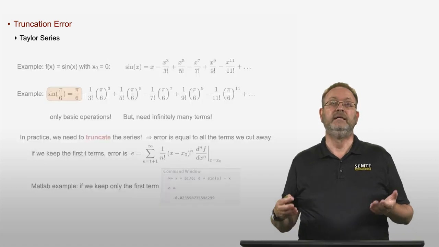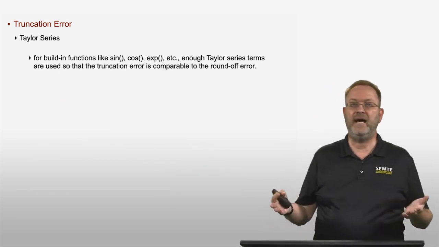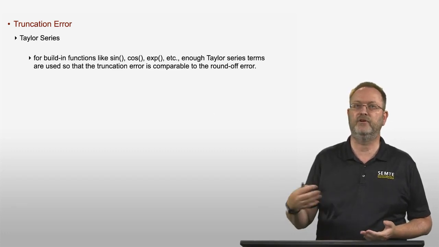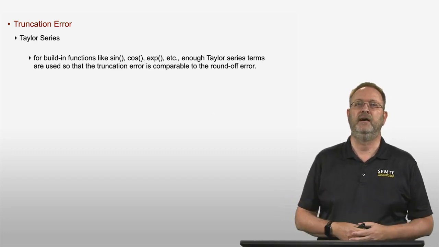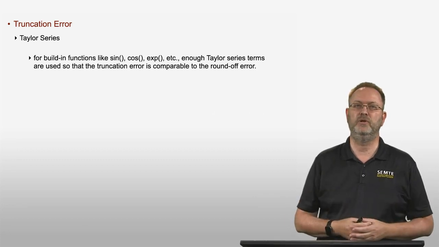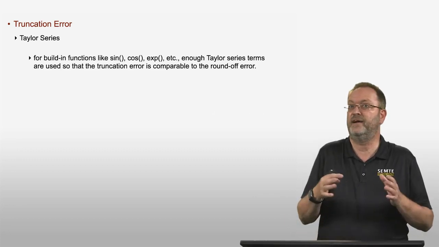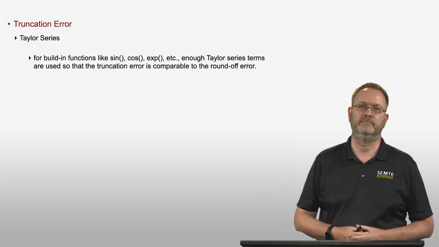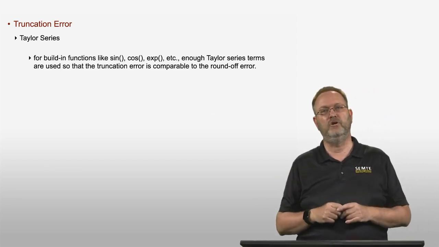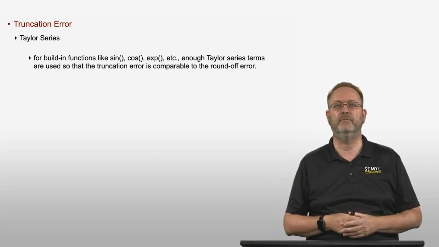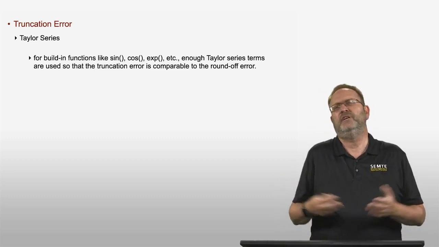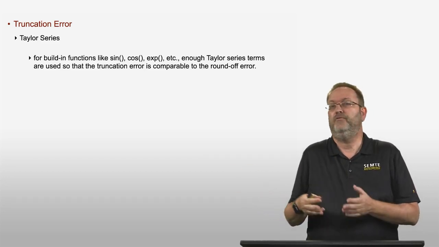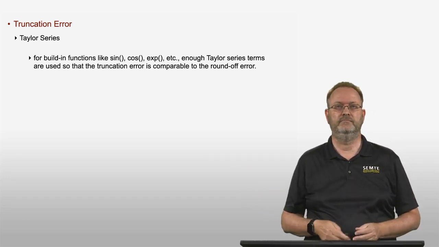Okay, so now for built-in functions in MATLAB and other computer programs, like the sine, the cosine, the exponential, enough Taylor series terms will be used such that the truncation error is comparable to the round-off error. Remember, we only have a finite number of digits available to store our numbers, so it doesn't really make sense to use more terms in our Taylor series if we cannot store that result.